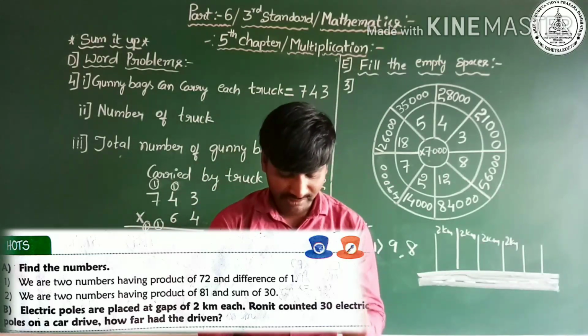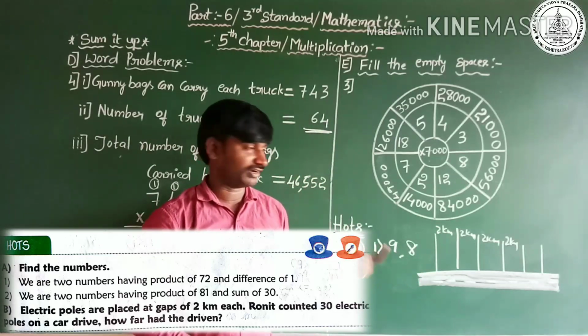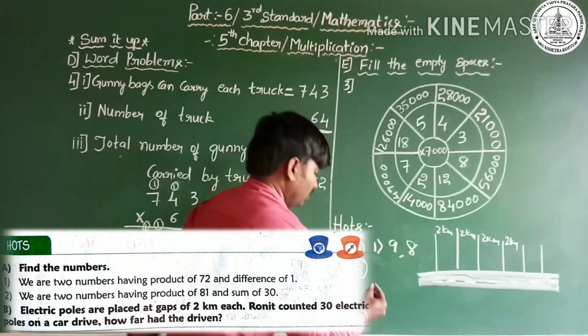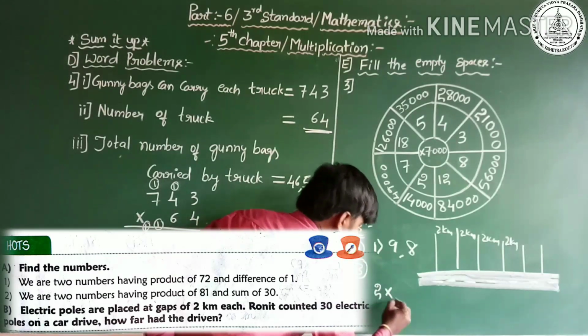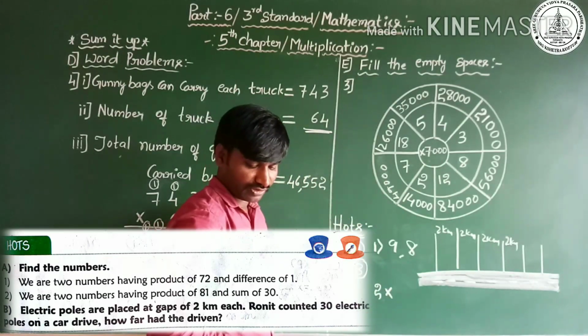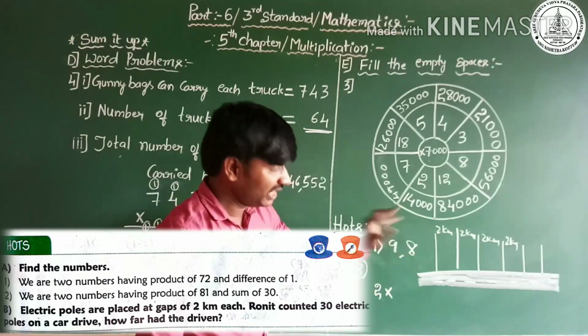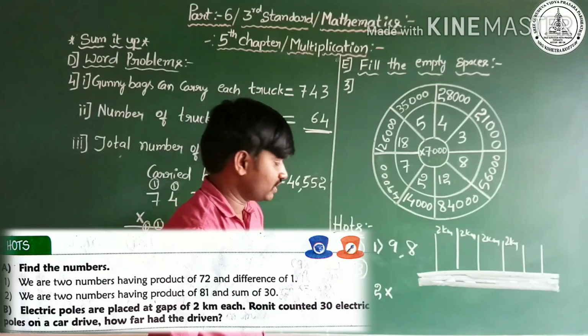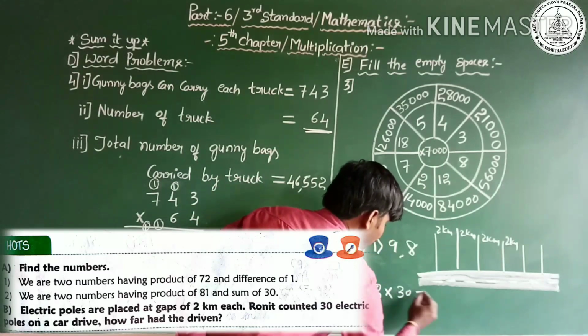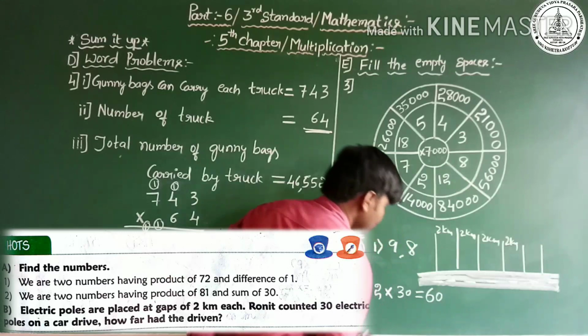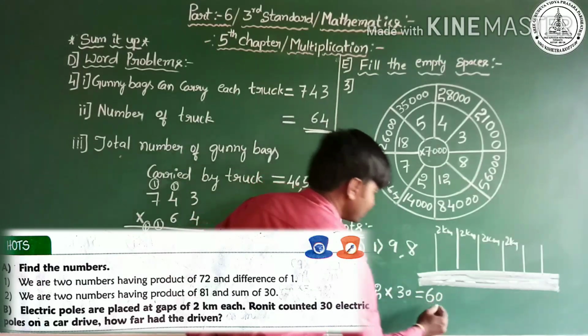Okay, then Ronit counted electric poles on a car drive. It means 2 kilometers for every one pole, and he covers 30 electric poles on the drive. So 2 into 30, how much, dear student? 2 3s are 6, 6 means 6. Okay, then 0 as 0.